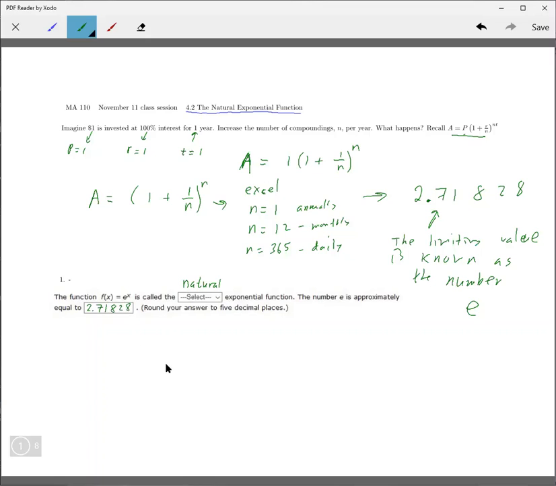So that's introducing the number e. We're talking about exponential functions, and this is the natural one, just because, look, it naturally occurred here. We weren't just making this number up. We were letting n get larger and larger and larger, and it converges to this e.